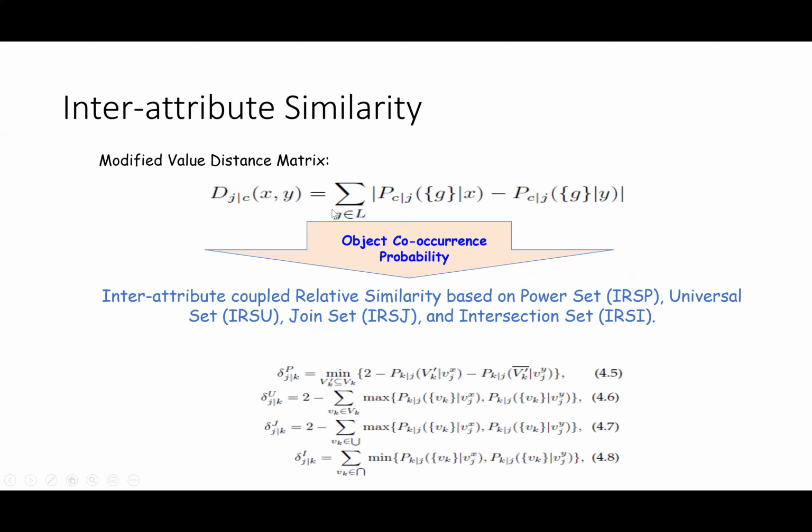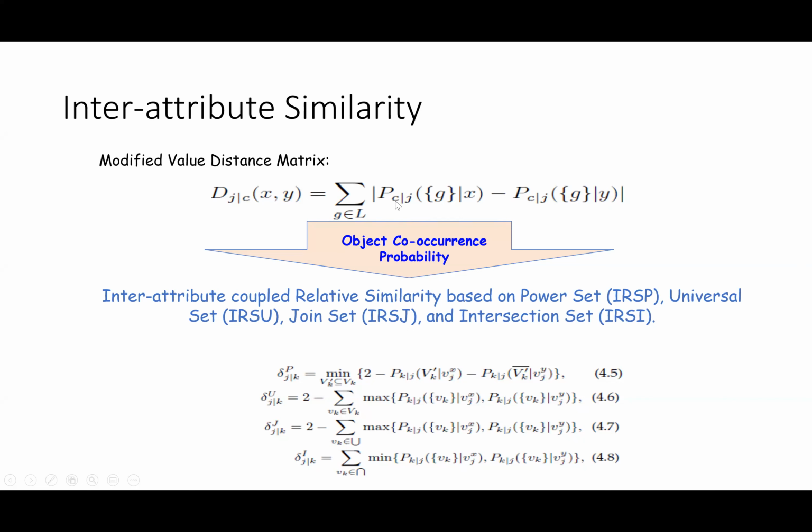C. So what we do is borrow the value distance metric, from clustering for different classes in classification. We convert and modify it for this attribute-based relationship, the inter-attribute similarity.